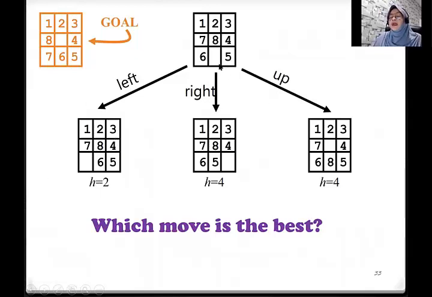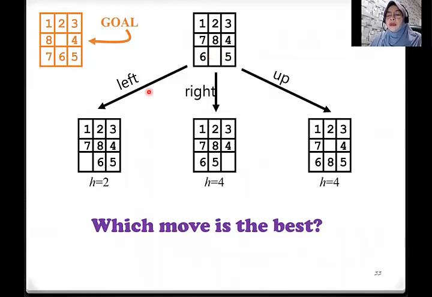Let's have a look at this example again, where we count the heuristic value by how far each tile is from the correct position. Starting with the initial solution, we move the empty tile to the left.